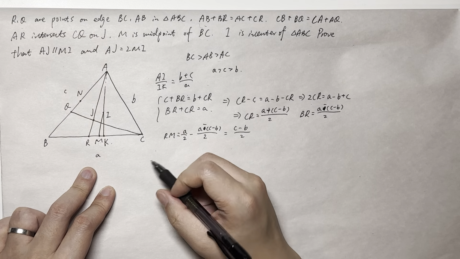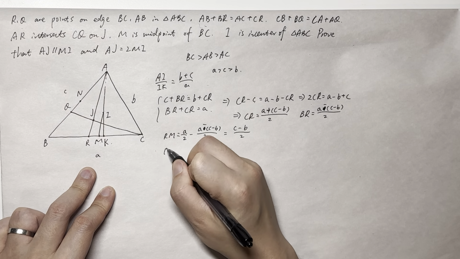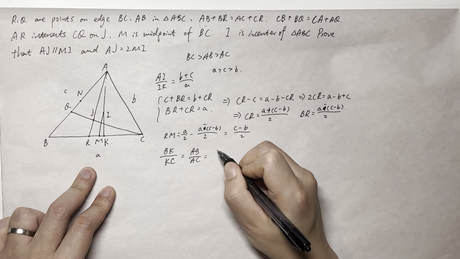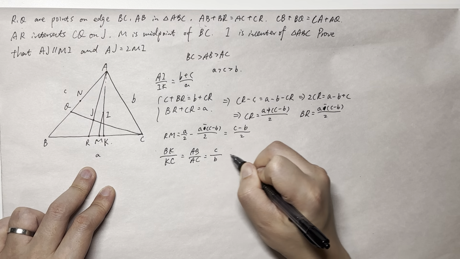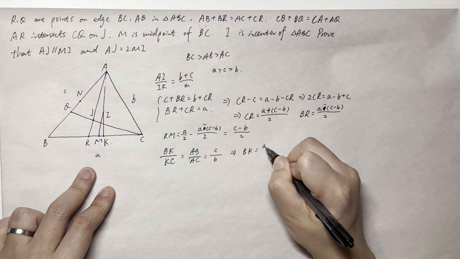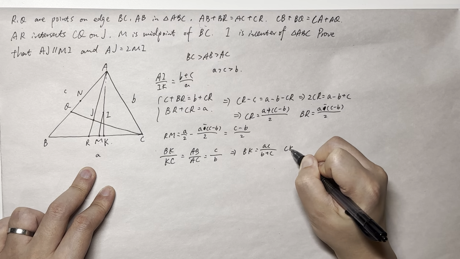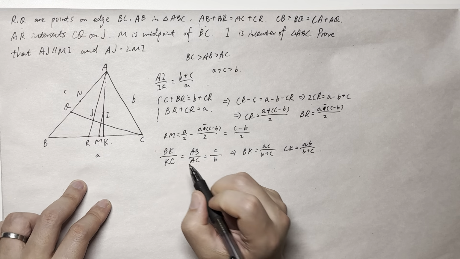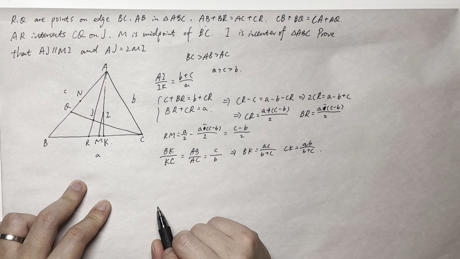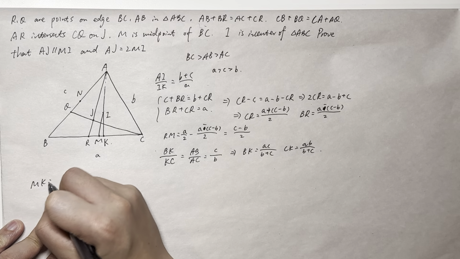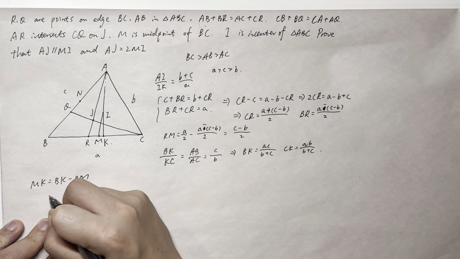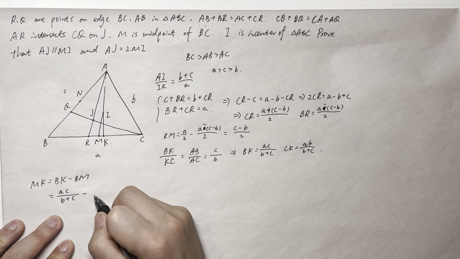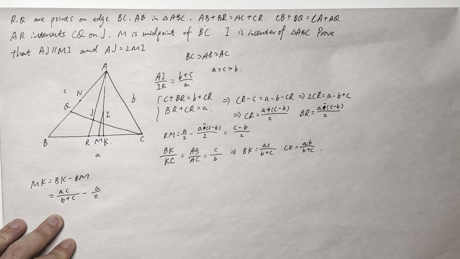We got this. So for BK, we know that BK to KC equals AB to AC equals C to B, which means BK equals AC to B plus C, and CK equals AB to B plus C, right? Which means that MK equals BK minus BM equals AC to B plus C minus BM, which is half of A, right?